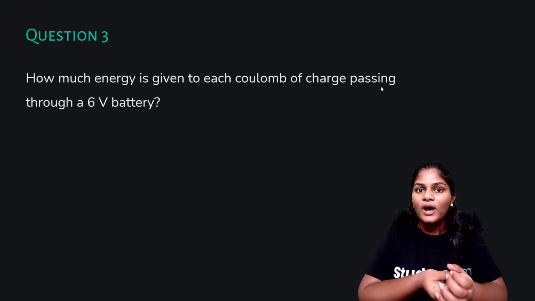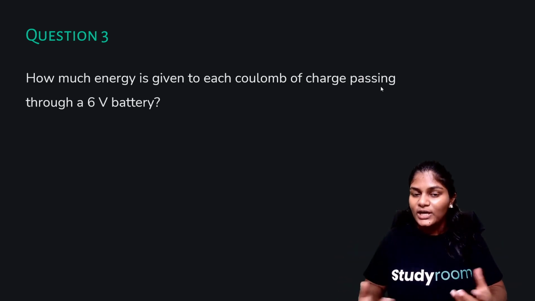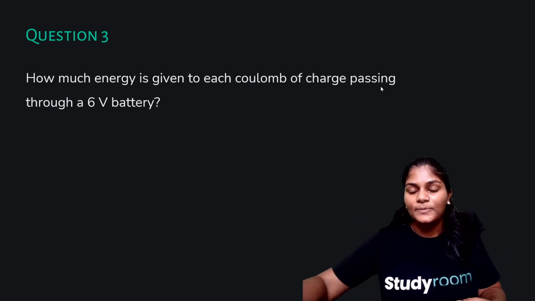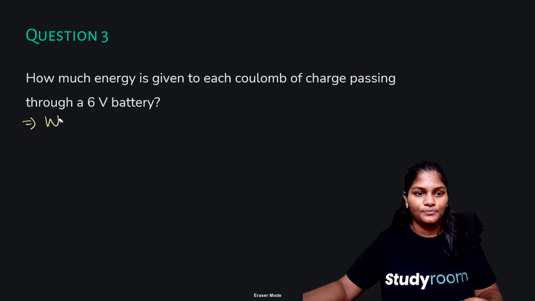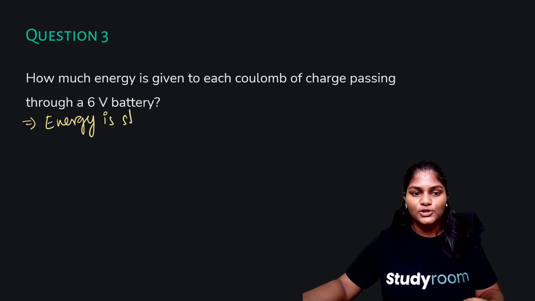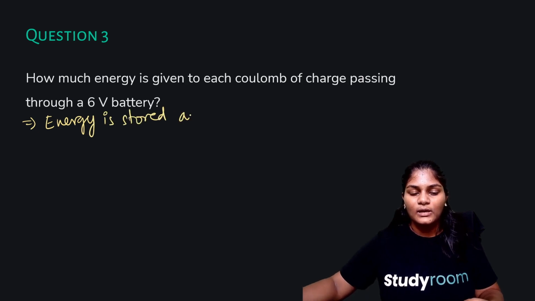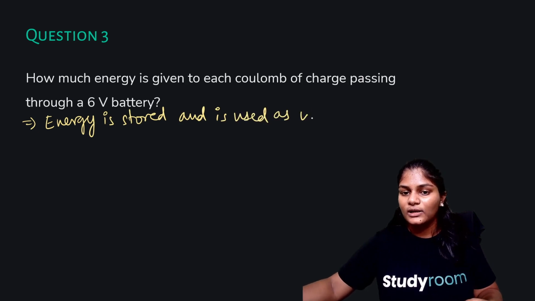So in that work done, there is actually energy stored. We're going to use that concept, as we have to find the energy. So we write the energy is stored and is used as work.